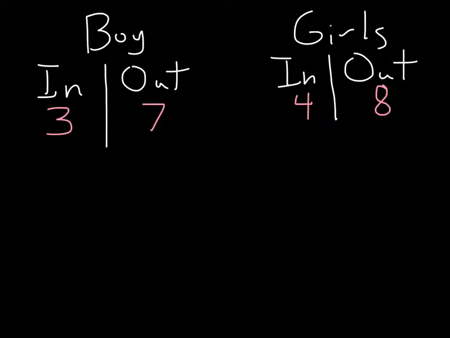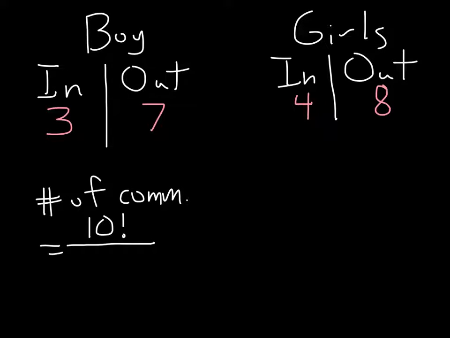This one is of size 10, so the number of committees is going to be the number of objects in our set, so 10 factorial. But we need to divide by the size of each group, where order doesn't matter. So they are the boys in the committee and the boys on the outside of the committee.